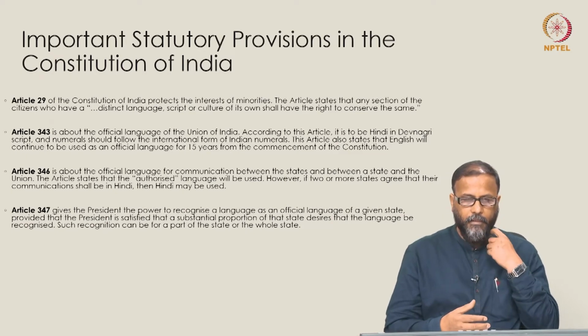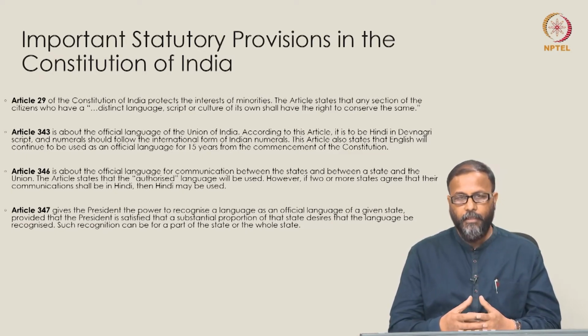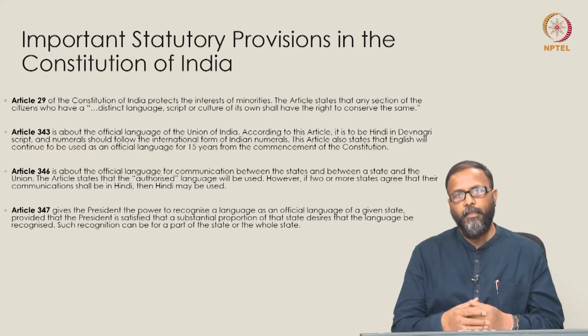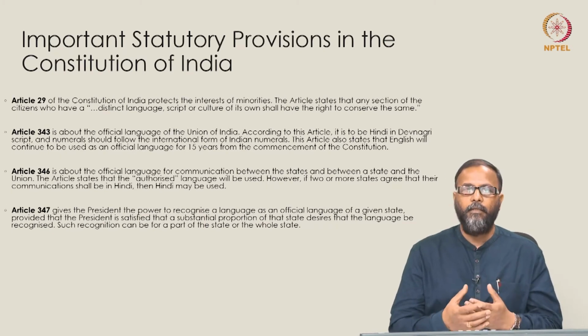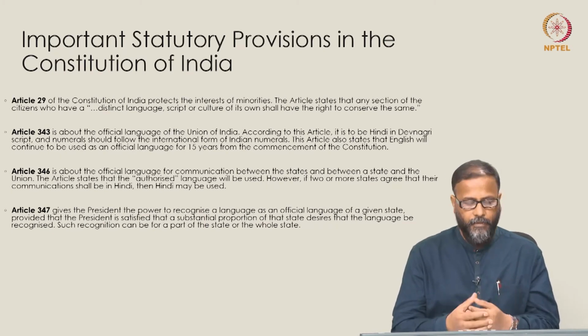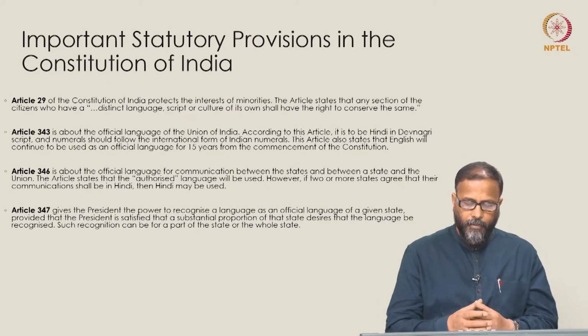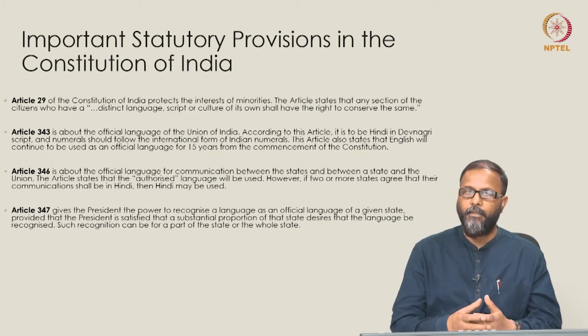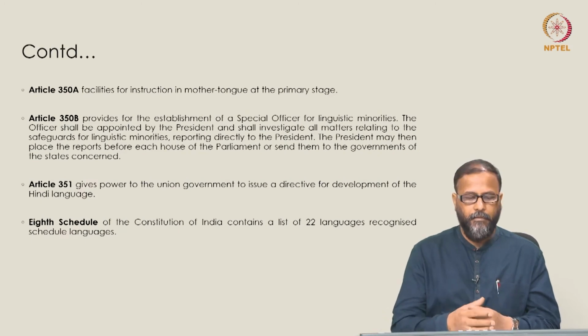Similarly, Article 347 gives the President the power to recognize a language as the official language of a given state. So when the state assemblies pass their resolutions, it comes to the President and he approves, and it is gazetted and notified. Such recognition can be for a part of the state or the whole state, depending on what kind of resolution has been adopted and sent.